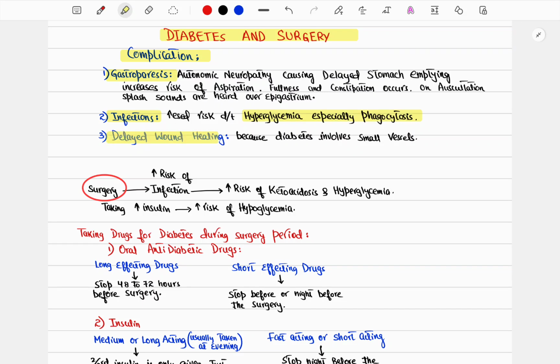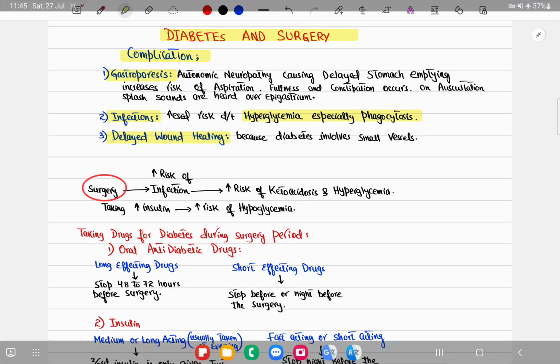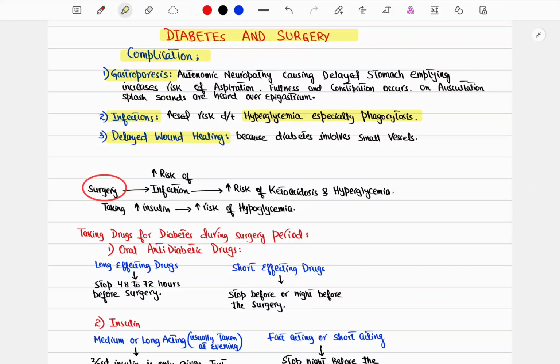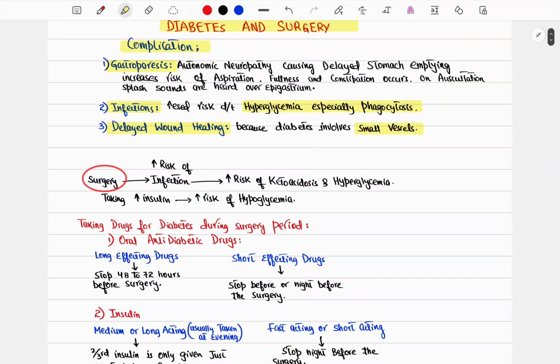There is delayed wound healing, because diabetes involves small vessels. There is a small vessel problem in diabetic patients, and that's why there is delayed wound healing.